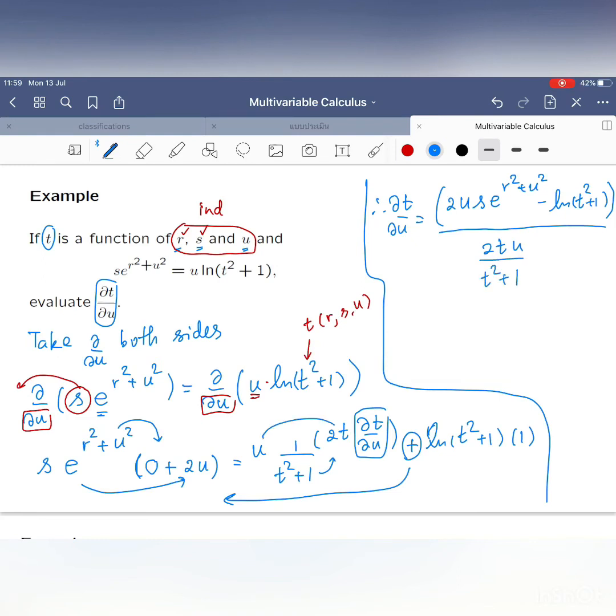You see 2tu, and then the t square plus 1 that is multiplied with this. So you just divide the right hand side by this whole thing, or you can just flip it up. It doesn't matter. So this one is good enough to be your final answer as well.